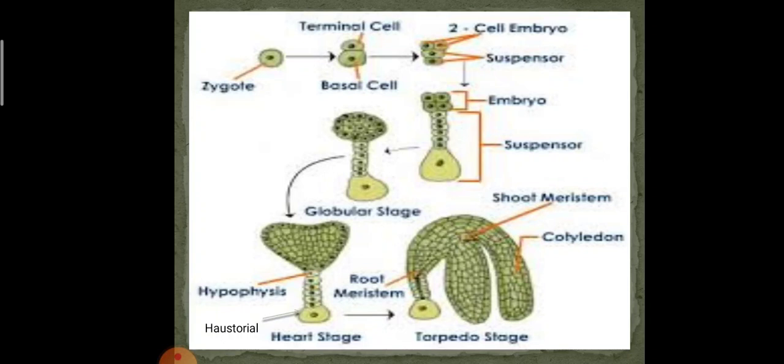But that embryo formation takes place by the terminal cell, where the terminal cell undergoes, as you can observe here, two transverse divisions, or two TS, and one LS take place.